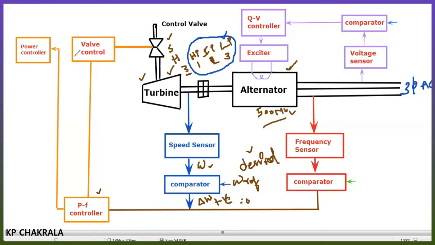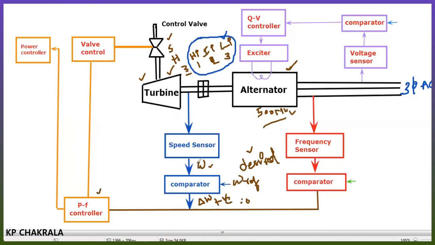So that's why it is an automatic process. That's why it is also called automatic load frequency control. By itself, it adjusts the speed of the turbine. Here, the speed sensor measures the speed of the turbine, and it will give the actual speed to the comparator and compare it with the desired value.